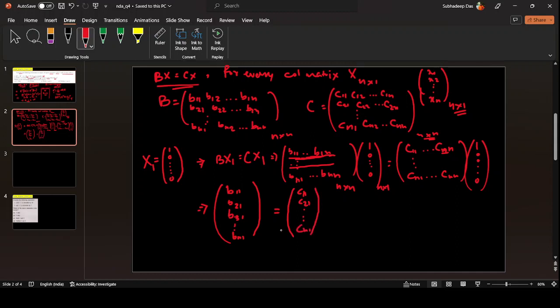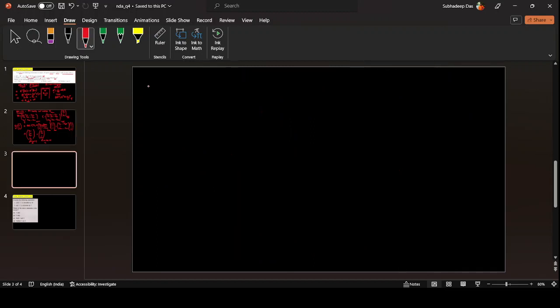So see that it is the first column of B and it is the first column of C. So if we take x1, then we can state that the first column of B is equal to the first column of C. Similarly, if we take x2, where the first entry is 0, the second one is 1, and the rest are 0.